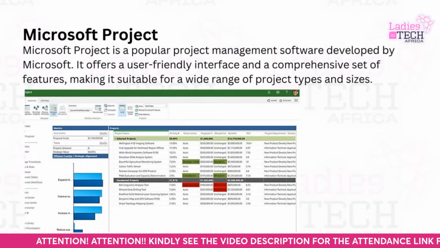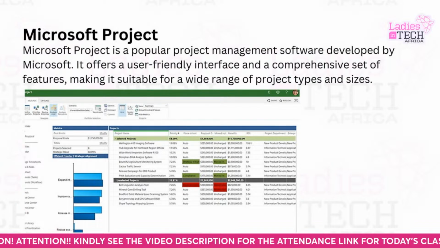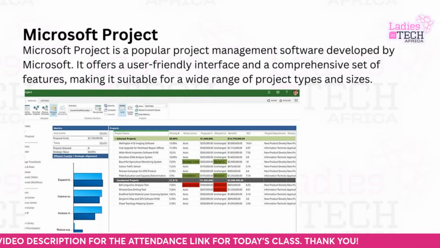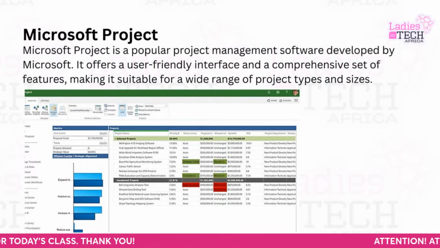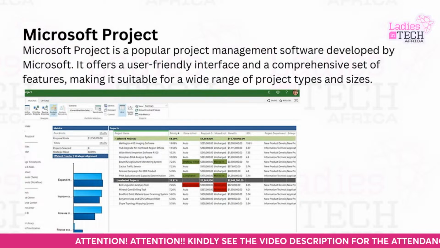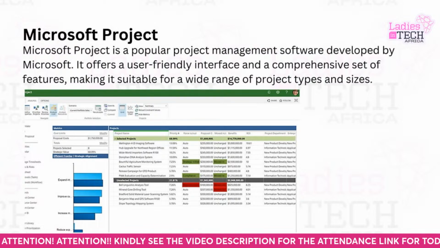Like I mentioned, there will be dates, there will be duration, there will be names, there will be work, and then you have your Gantt charts. For beginners like yourselves, or even advanced persons that may be in this class, you can still just try using MS Project, creating the schedules.